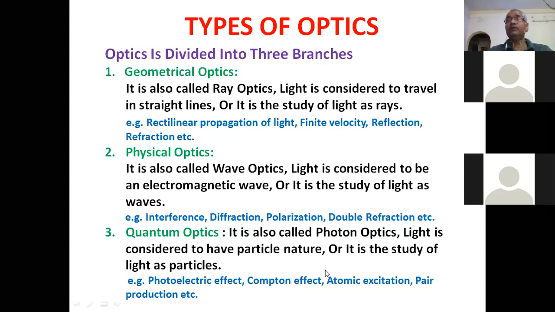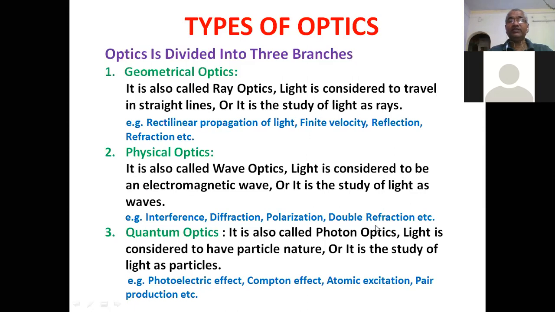So reflection and refraction are geometrical phenomena. Interference, diffraction, polarization are physical phenomena. These phenomena are explained on the basis of the wave theory of light.